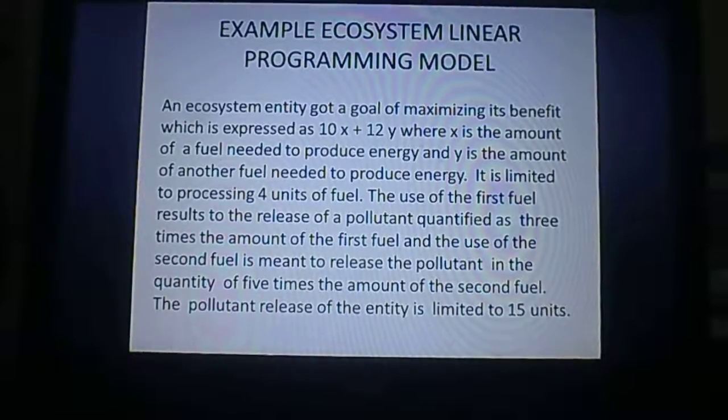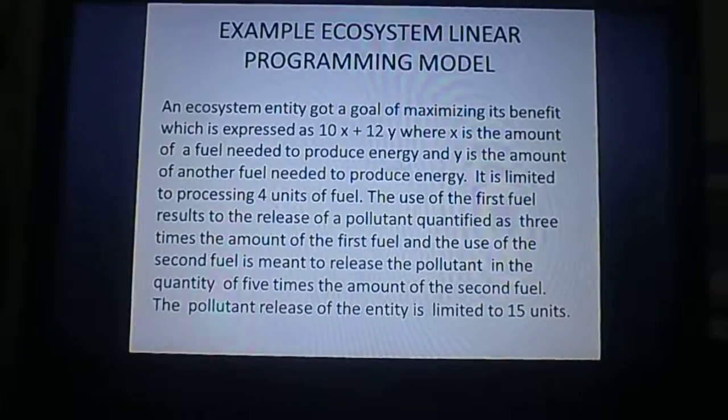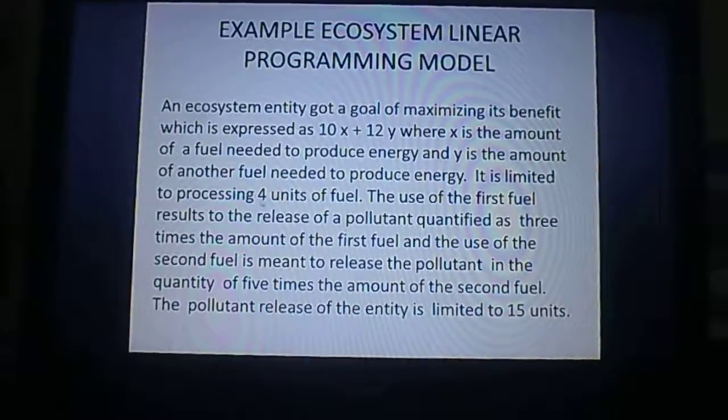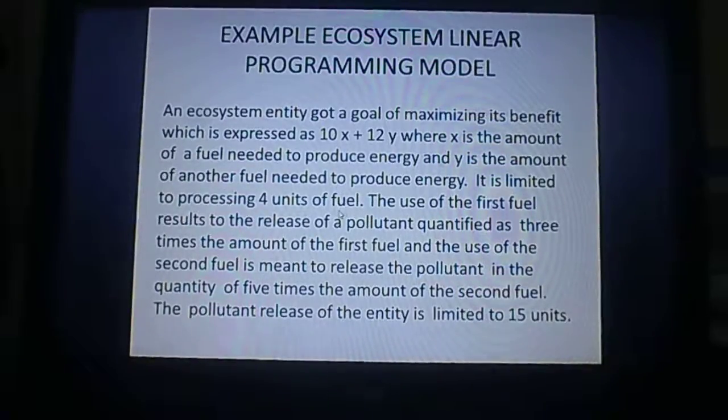Where x is the amount of a fuel needed to produce energy, and y is the amount of another fuel needed to produce energy. The ecosystem entity is limited to processing 4 units of fuel.